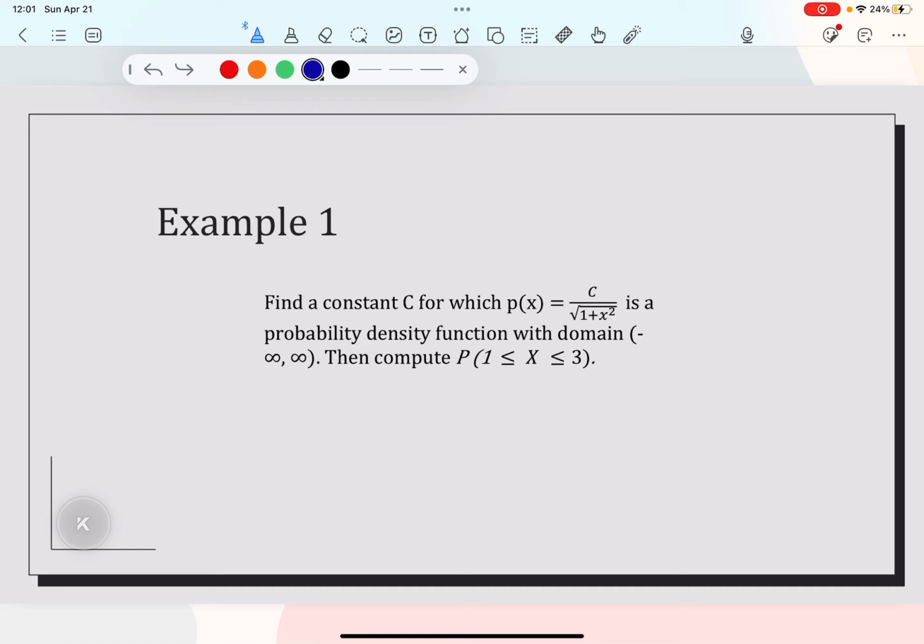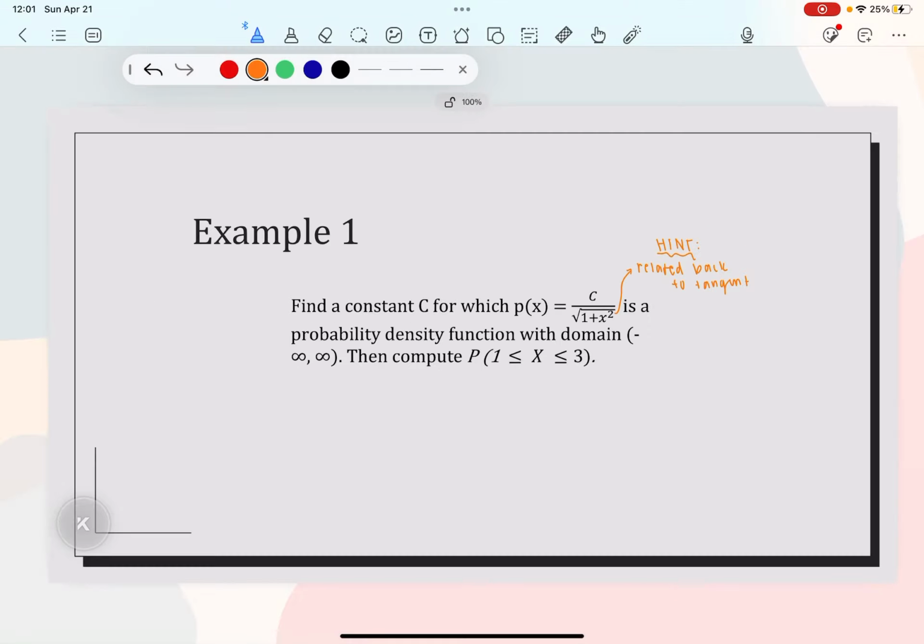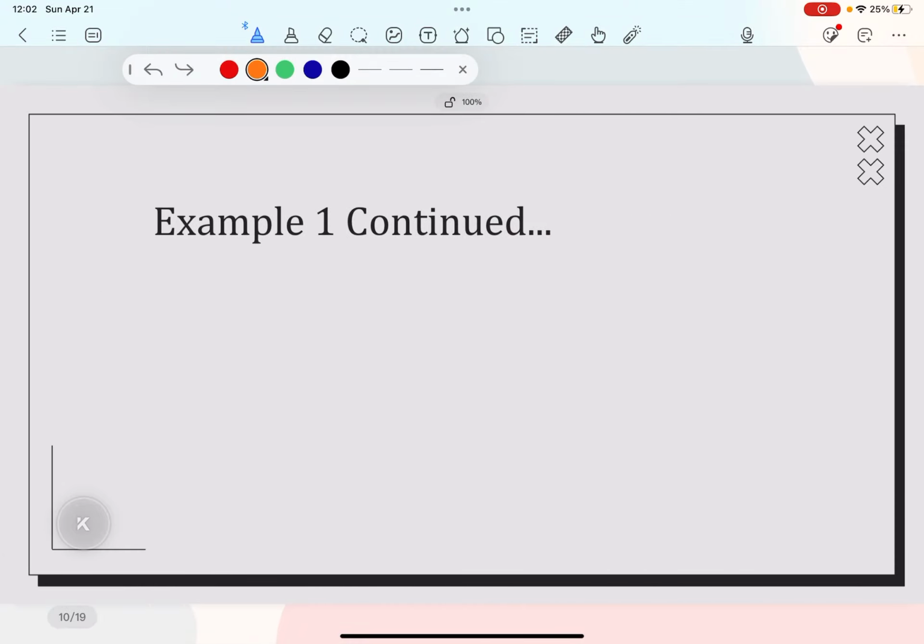And keep in mind that we're going to be using a trig identity here. So keep in mind that this is going to be related back to tangent. That's a hint, I guess. All right. So let's apply this on the next page.